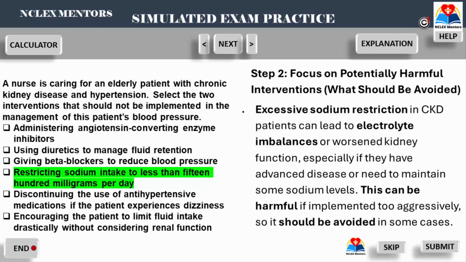Step 2. Focus on harmful interventions. What should be avoided? Restricting sodium intake to less than 1,500 milligrams per day. Sounds good, right? But here's the problem. Excessive sodium restriction can cause electrolyte imbalances and worsen kidney function, especially in advanced CKD. This should be avoided. This is a correct answer.